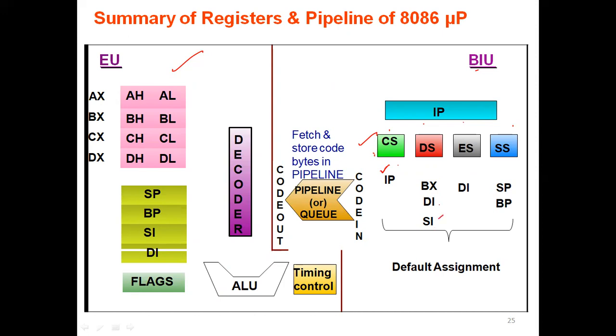We have the source index and destination index. Stack pointer points to the top of the stack, and base pointer points to the starting address. And this is the pipelining: a 6-byte instruction prefetch queue, where when one instruction is executing, another instruction is being fetched.